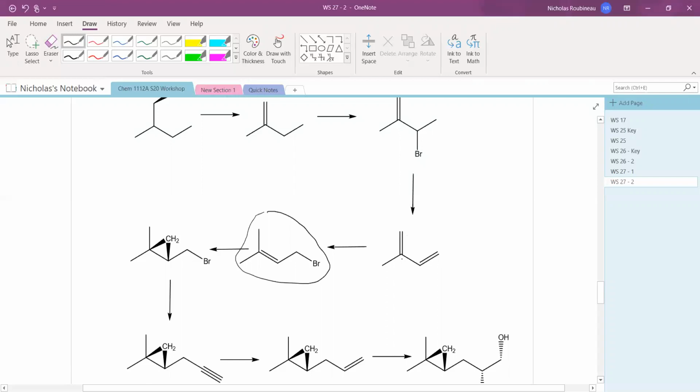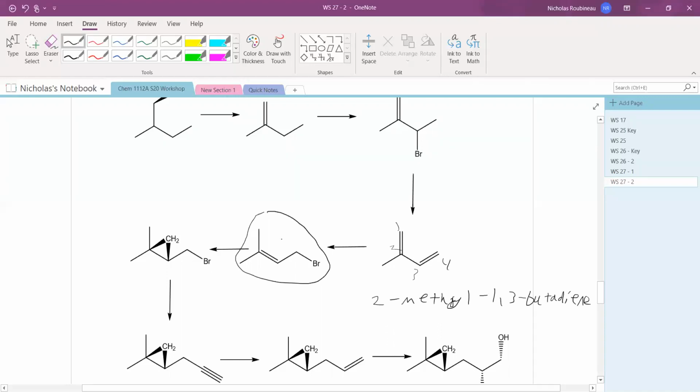Yeah, 2-methylbuta-1,3-diene. So start numbering from here, because that puts the methyl group at carbon 2. So that would be for this one on the right.